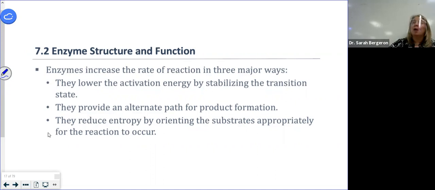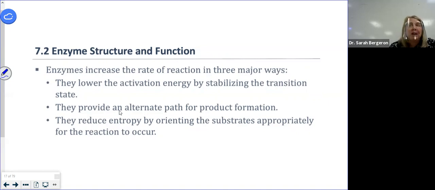So usually there are parts within the enzyme that act to stabilize those unstable parts of our intermediate, right? So if you have lots of negative charges on your intermediate, what do you think the enzyme is going to have? Positive charges to balance them out so they're not so unstable. They can also provide an alternative path for product formation. So you can go through a different set of chemical steps in order to get to the same product that would require less energy.